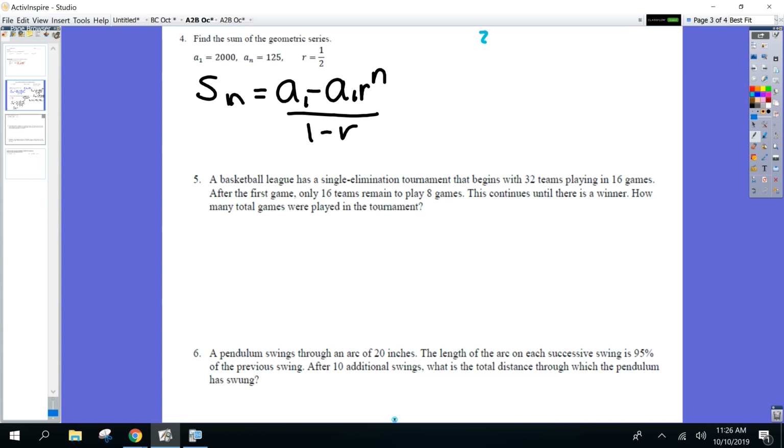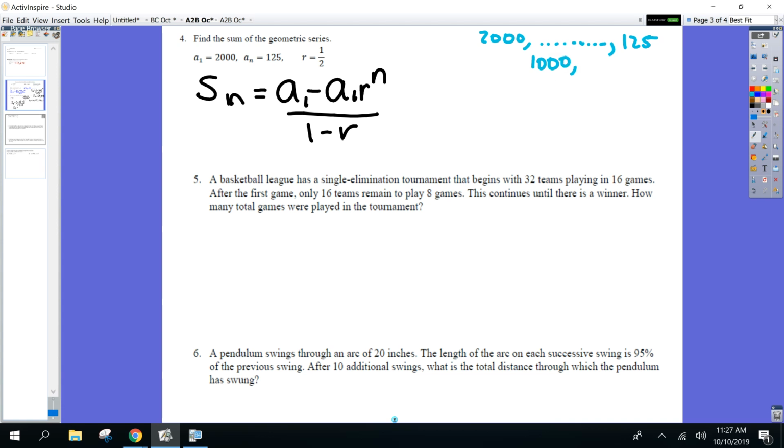So here's what we got. I got 2,000 as my first term. And then some term down the line is 125. Everyone agrees. I have to figure out the end value here, which is what term is 125. That's going to be my end value. So if I'm at 2,000, what would be the next term? How'd you get 1,000? Multiply by 1/2. Keep going, because I think we'll get to this pretty quickly if it's 125.